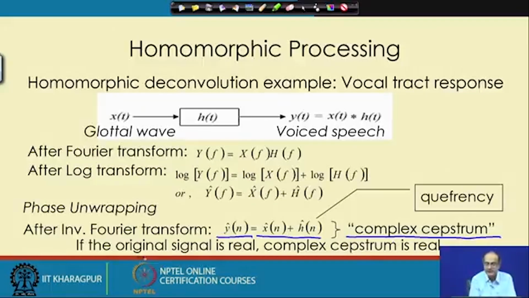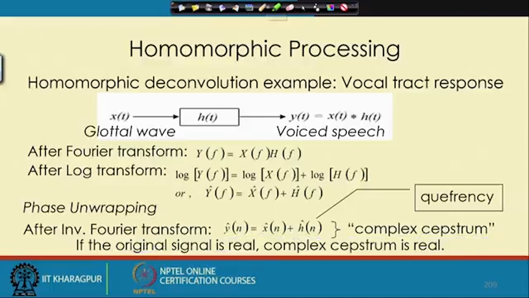If the original signal is real, which would be the case for a biomedical signal, the complex cepstrum is also real. That is one of the properties that makes life simple in many cases. We will see later how that can help us.